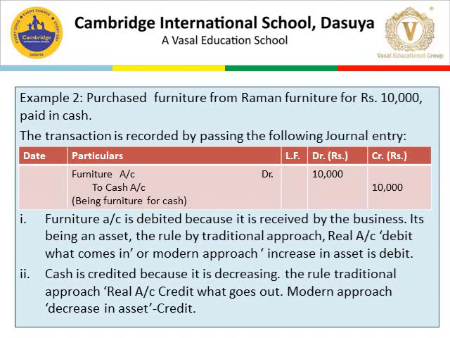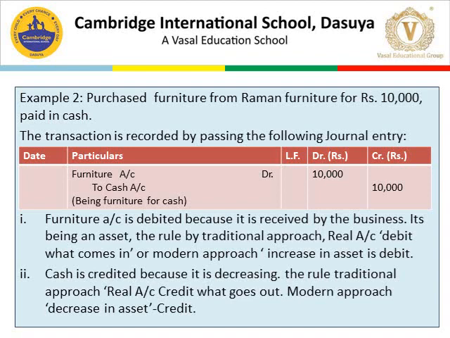It is being an asset, so the rule by traditional approach is real accounts rule, that is debit what comes in. So furniture is coming in the business, that is why we are debiting furniture. Or if you are following modern approach, it says increase in assets is debit. So furniture is debited.